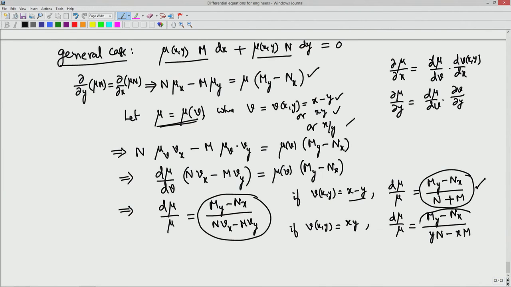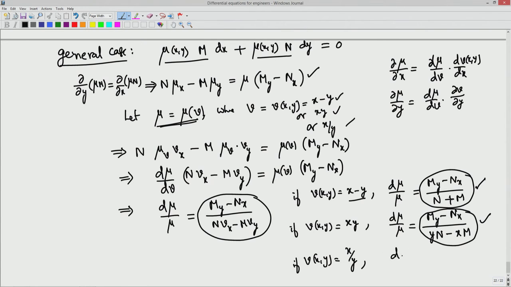Now you will verify whether this is a function of xy. Okay. If that is the case, then you can integrate and get your integrating factor. So if v of xy is x by y, or you can choose any form, maybe x plus y whole square, anything in general. Okay. I will give you only one example here, just to demonstrate how it works. Okay.